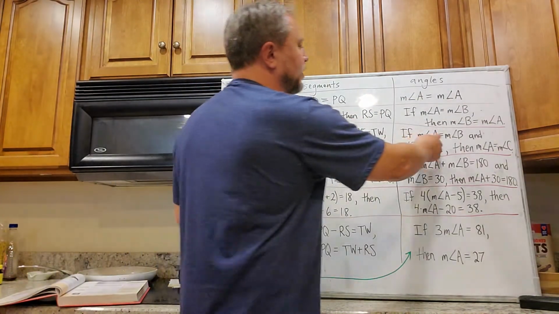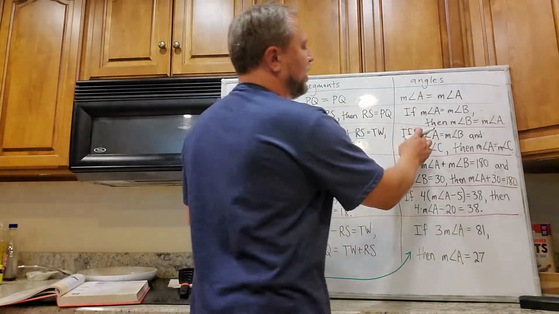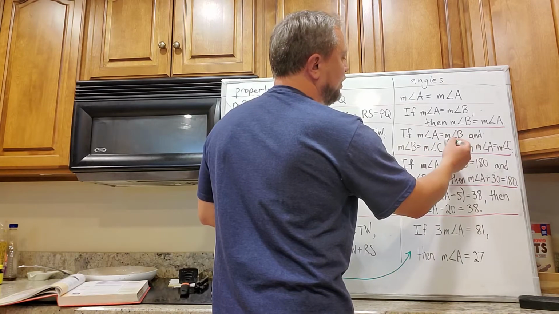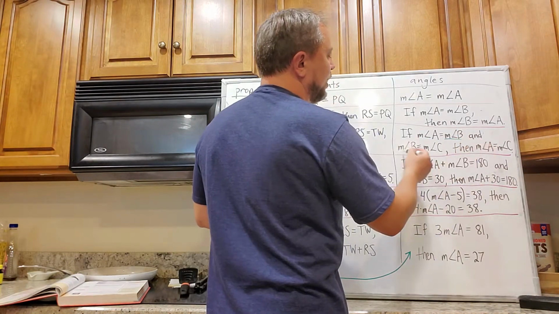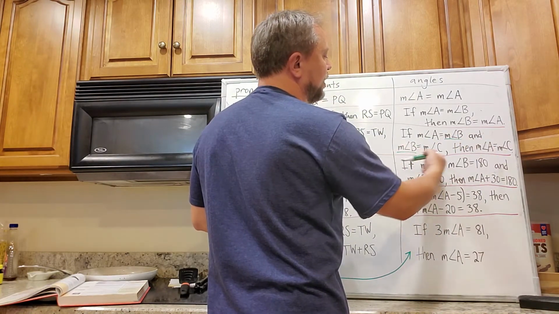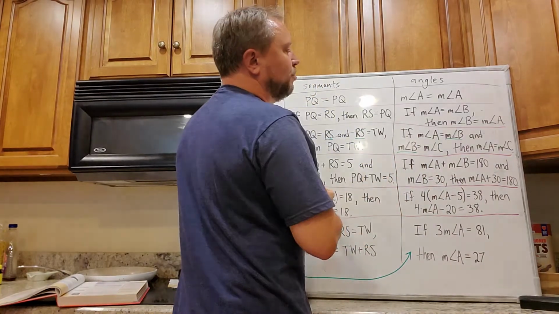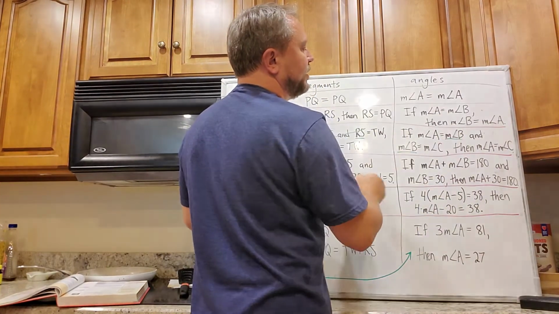Same thing's going on over here for the angles. I have angle A is equal to angle B, and angle B is equal to angle C. So B again is my middleman connecting the ideas.